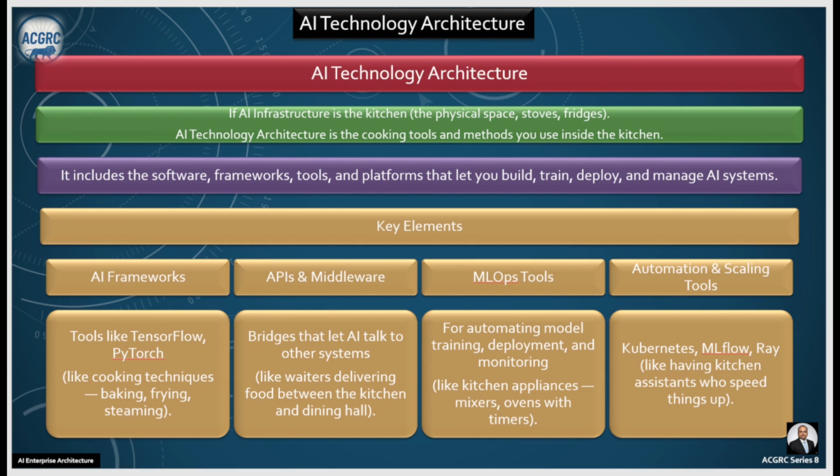For automating model training, deployment, and monitoring, you have MLOps tools. These are like your kitchen appliances, the mixer, the ovens with timers. Kubernetes, MLflow, and Ray are your automation and scaling tools. It's like having kitchen assistants who speed things up.